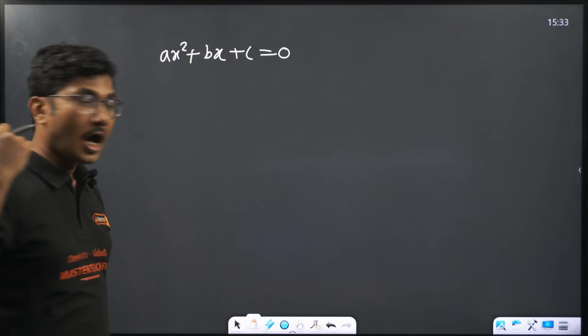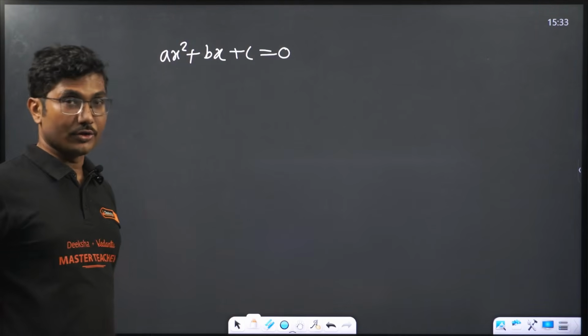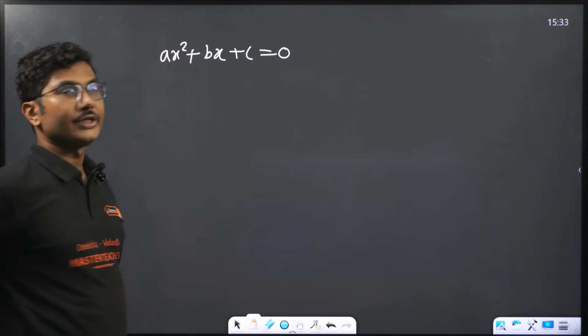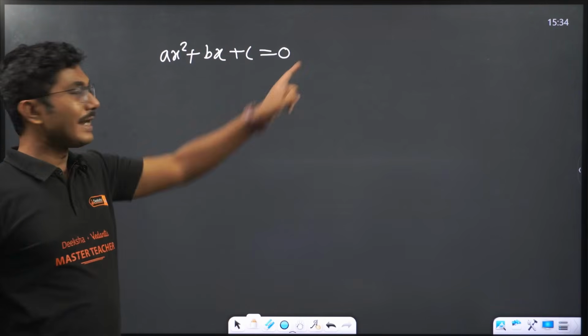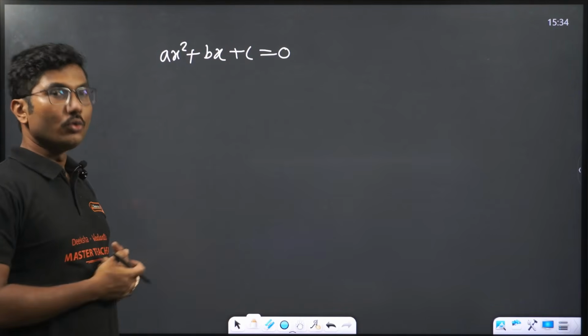One of our ancient mathematicians from India, Sridharacharya, did some calculation, and in his book he mentioned how to find the roots of this equation. Root means the values for which it will be valid. If you find the values of x where the right hand side is 0, that is called roots of the equation.